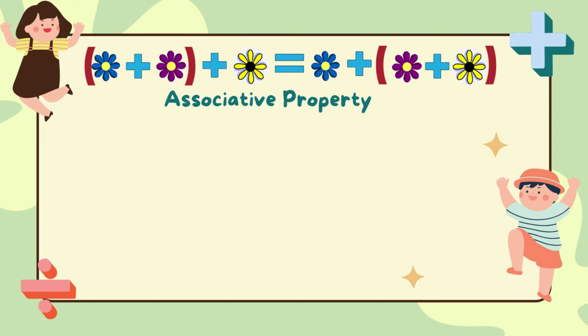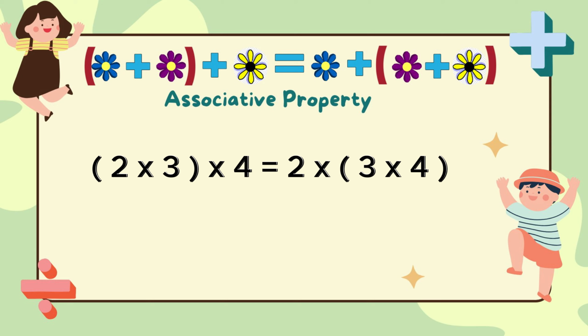So, I have here the quantity of 2 times 3 times 4. If we apply the associative property, that will become 2 times the quantity of 3 and 4, which are now grouped. Okay, let's solve. 2 times 3 is 6, then bring down 4, equal to 2 times the quantity of 3 times 4, which is 12.